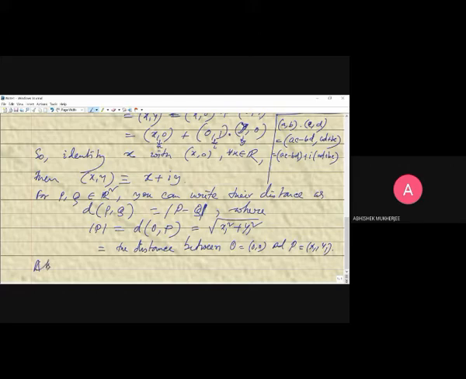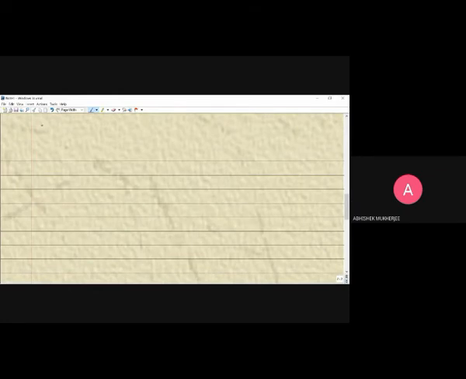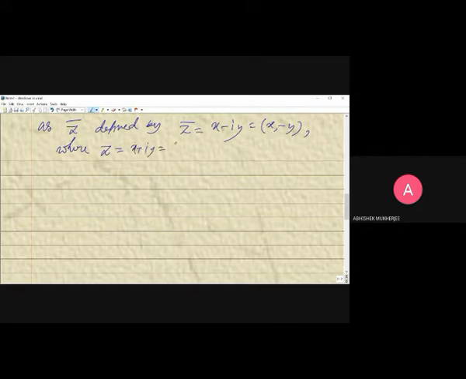And also, we define the conjugate of a complex number z, z bar, defined by z bar equal to x minus iy, or in terms of points in R2, it is x comma minus y, where z is x plus iy, that is xy.